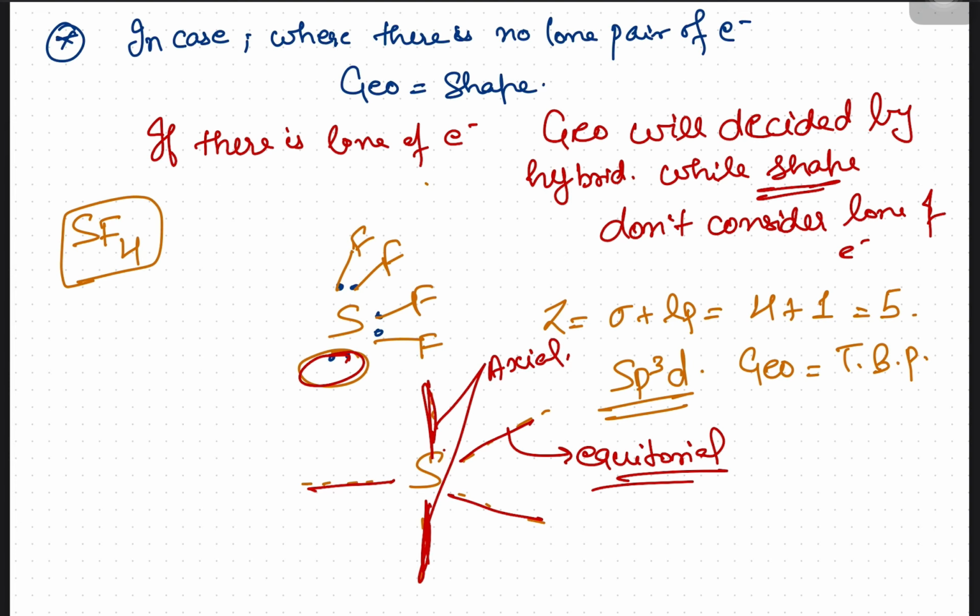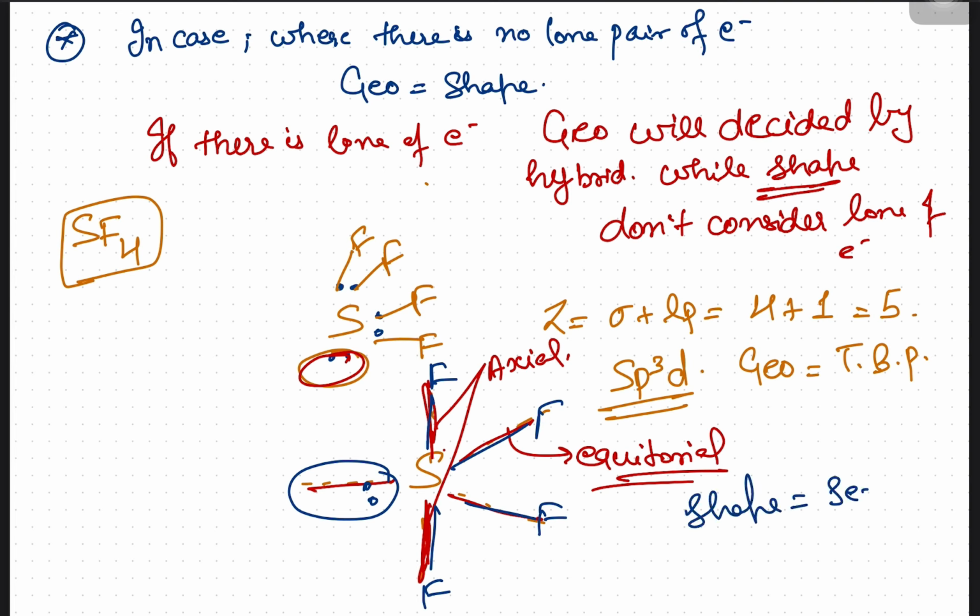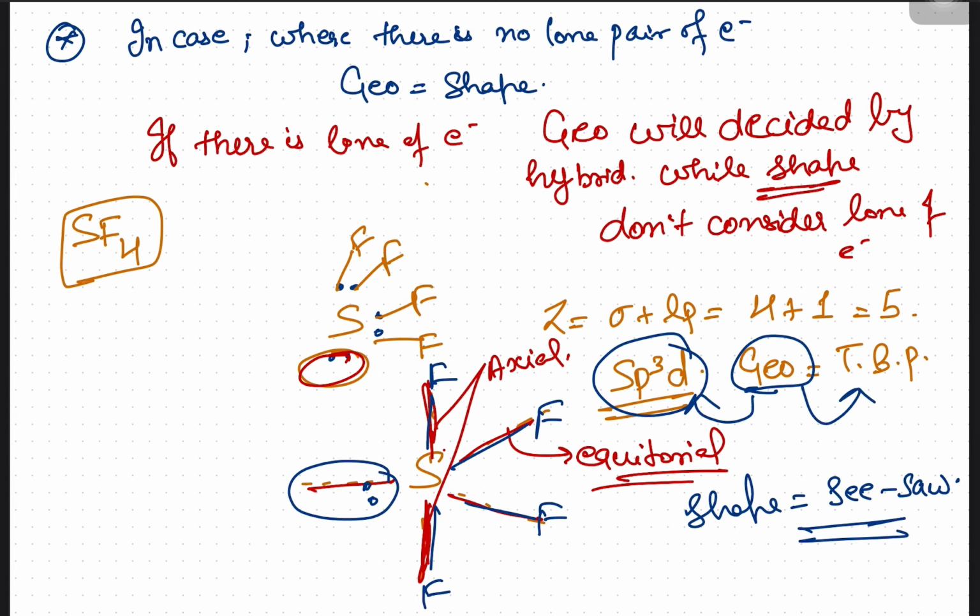For example, in this, when we place a lone pair here and we place 4 fluorine over here, its shape will be seesaw, right? Geometry will be determined by its hybridization, so the geometry will be trigonal bipyramidal and the shape will be seesaw.